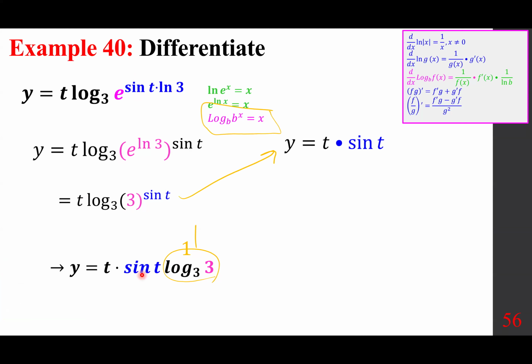I can put the sine t in front, and then log 3 of base 3 is 1. Or right from here, if I use this property, I can see the answer right here. So I don't even need this one. But I wanted to show you 2 different ways.